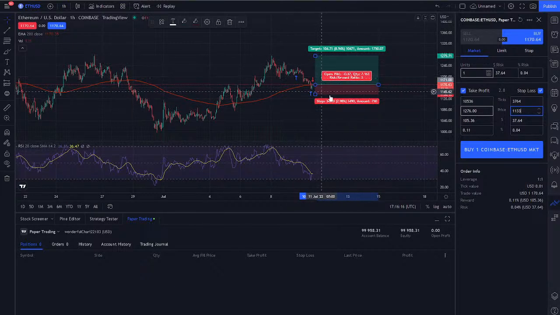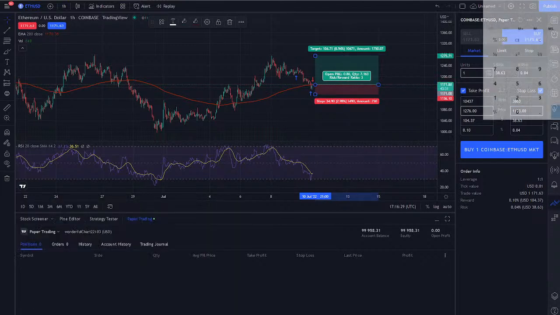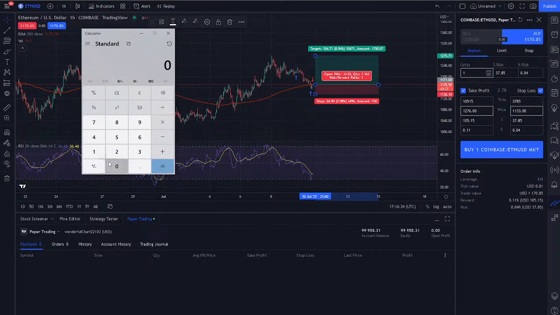If you have a reasonable ability to say, I think there's a 20% chance that we go down and hit my stop loss, right? So let me pull up a calculator quickly. If there's a 20% chance that I lose $38, and there's maybe an 80% chance that I make $104.